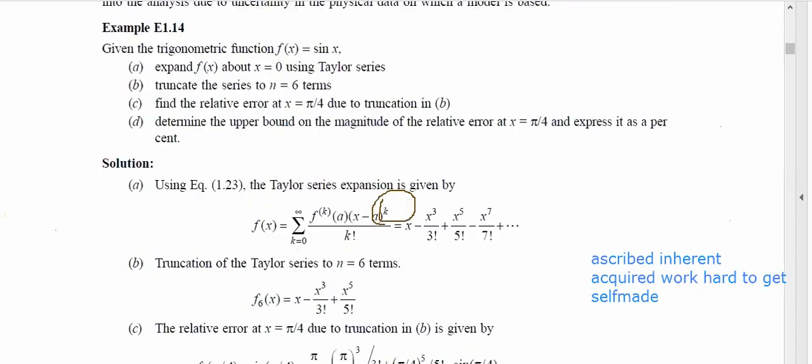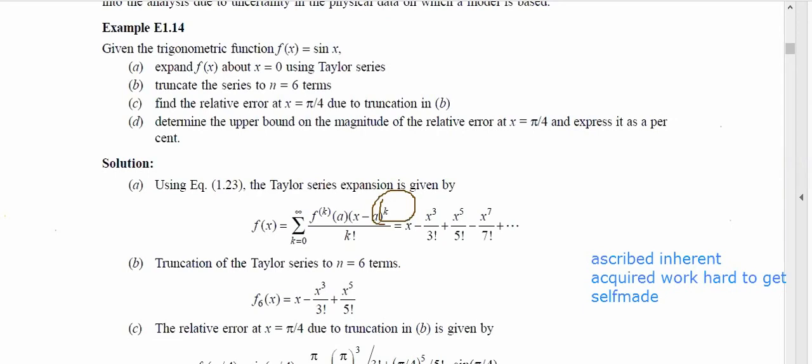Very popular function. The first part is expand f(x) about x equal to 0 using Taylor series. Part B is truncate the series to n equal to 6 terms. Means you will start from 0, 1, 2, 3, 4, 5. How many terms?